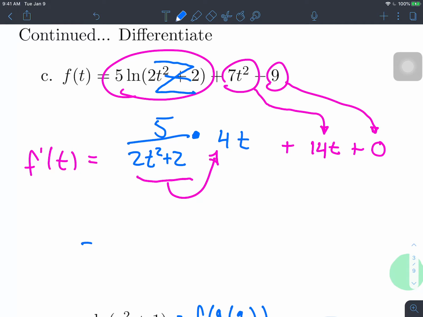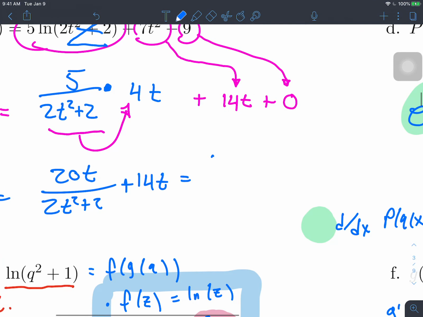So altogether, if we wanted to write it nice, we'd get like 20t over 2t squared plus 2 plus 14t, which is the same thing as 10t over t squared plus 1 plus 14t. All right?